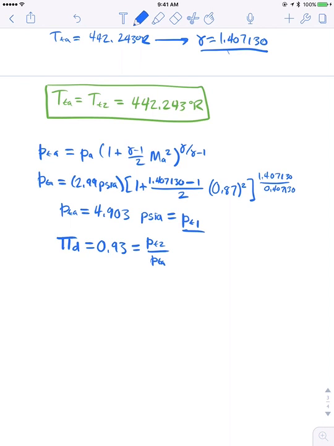So we don't even necessarily have to know PT1 in this case, but it's nice to know what it is. So we can just calculate PT2 is going to be equal to this diffuser pressure ratio times our inlet total pressure, 4.903 psia. So PT2 is equal to 4.560 psia.